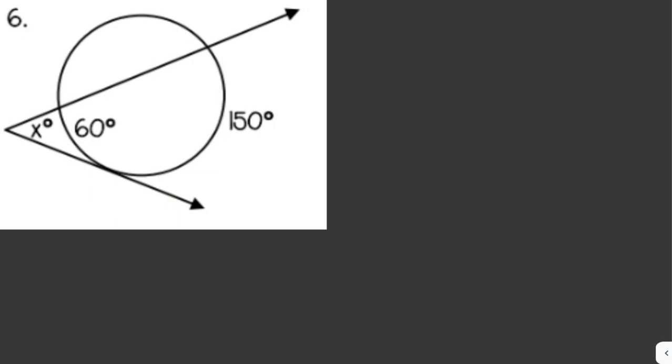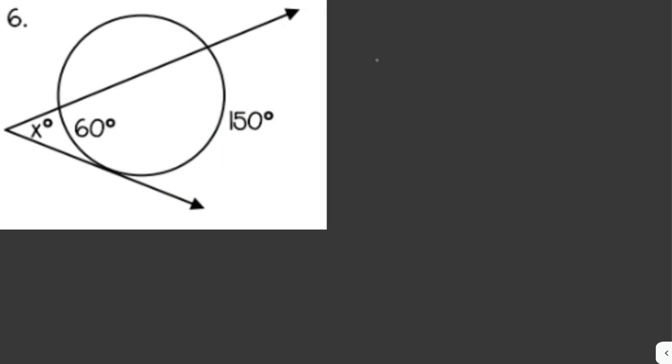But the formulas to solve for the lengths of the secant and tangent lines and two secants that intersect outside the circle are different, and I'm going to discuss those in the next videos.